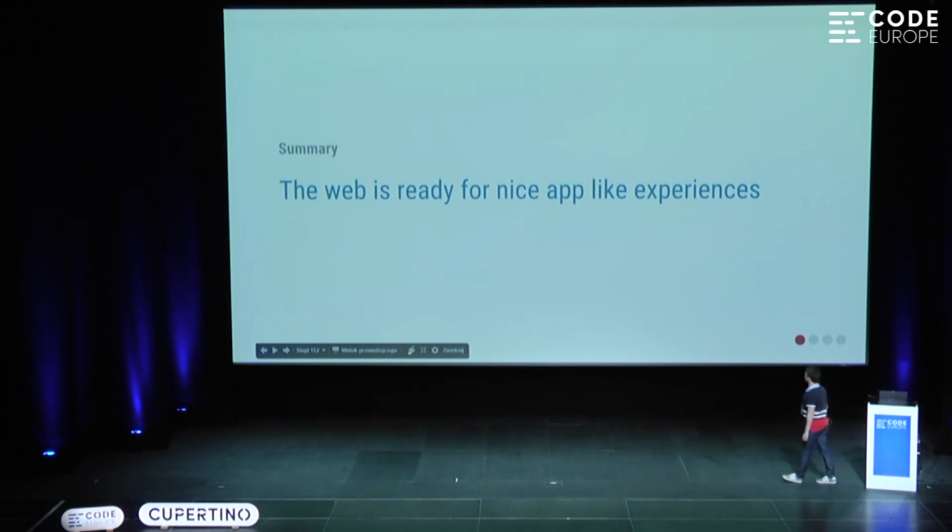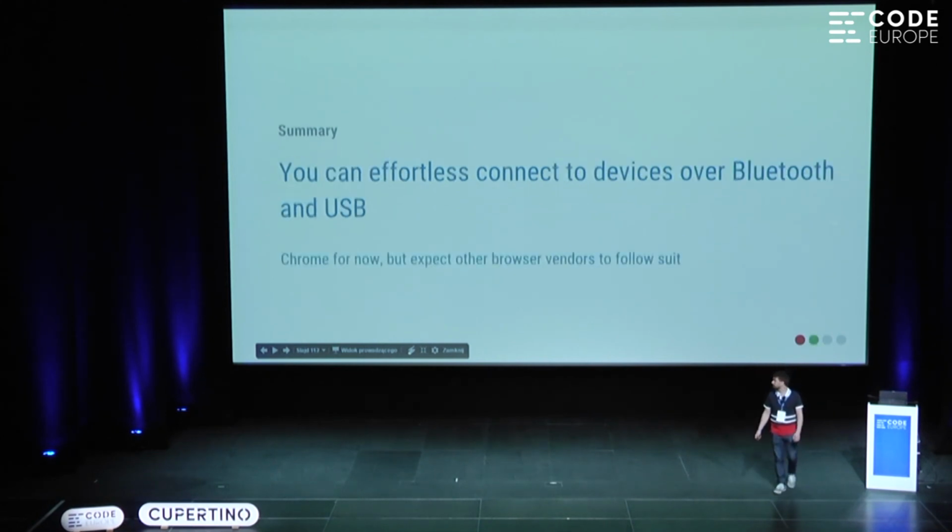So I think the summary here is that the web is really ready for doing nice experiences. You can do that today. You can also effortlessly connect to different devices using Bluetooth or USB. These things currently only work with Chrome, but I expect as time goes by, more people will implement support for these, because these are just super cool features.